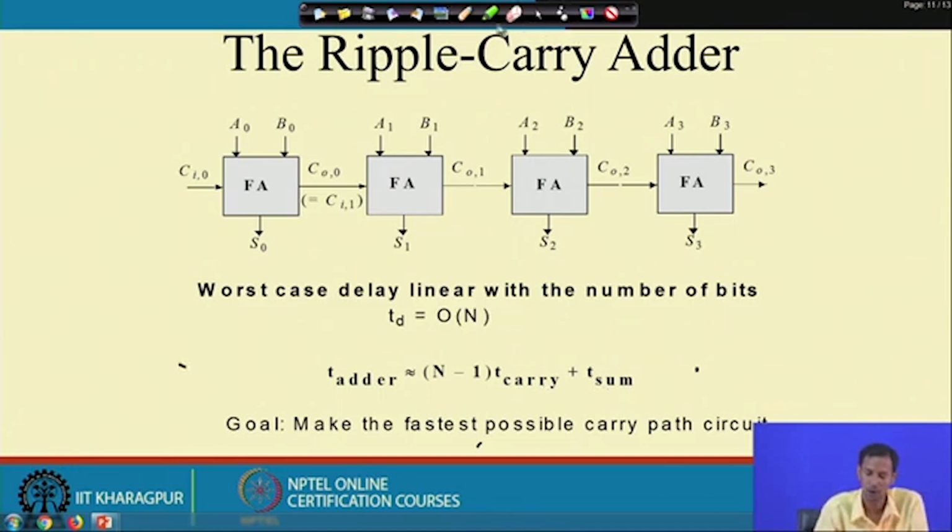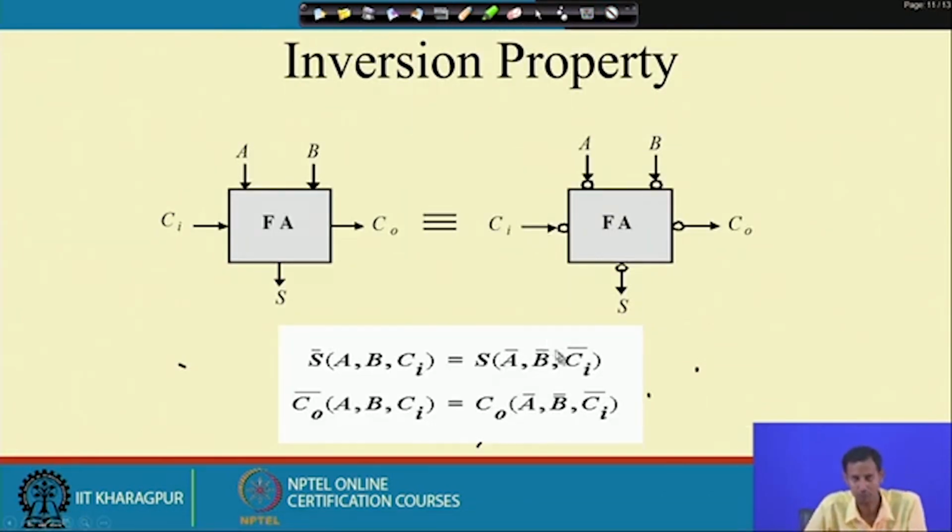So, for that, people have used the inversion property. Why do I need the inversion property? For implementing this A XOR B XOR C, I need an inverter circuit at the output of that.